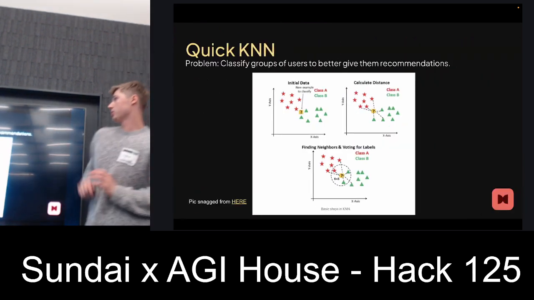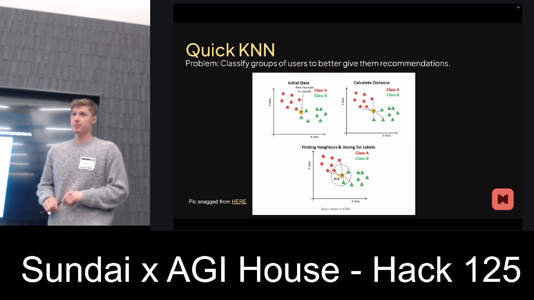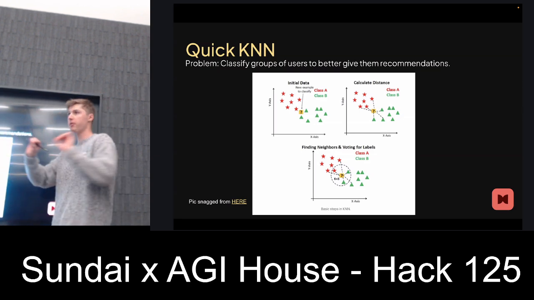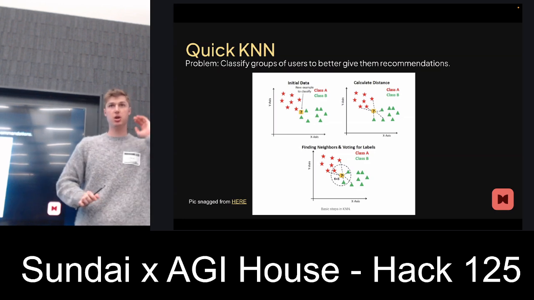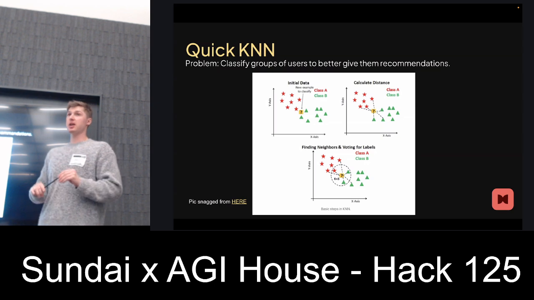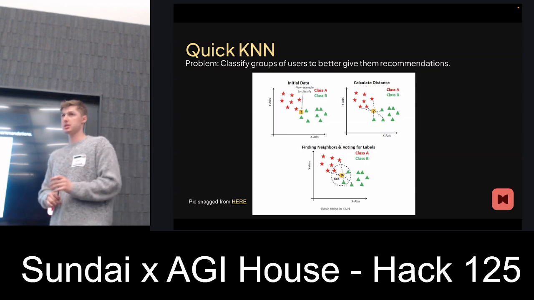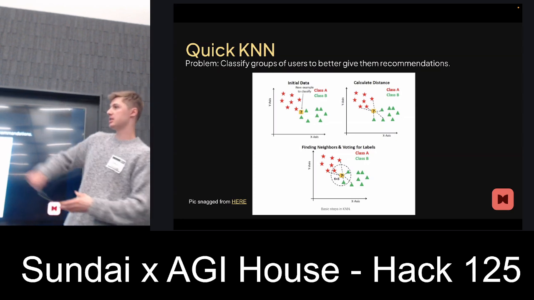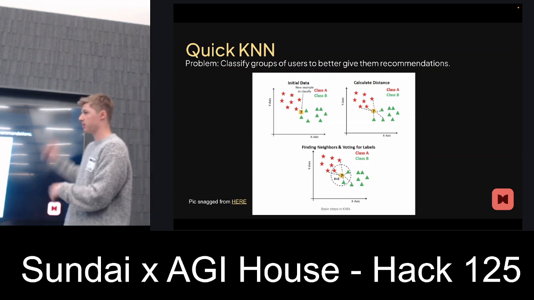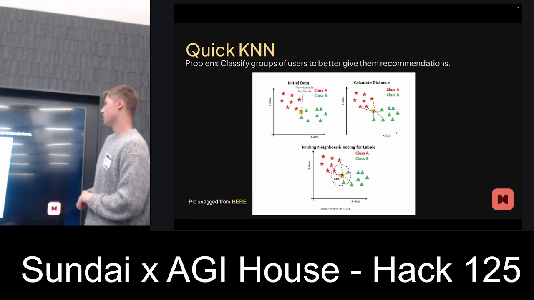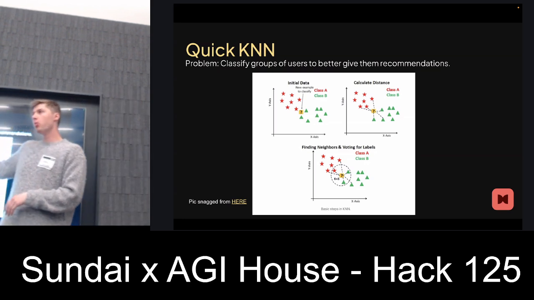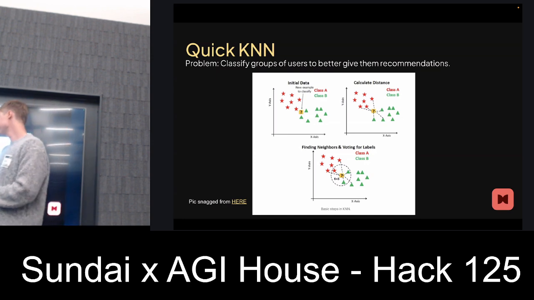Okay, a special learning algorithm that Netflix wants to use is KNN. So if you want to give a group of users recommendations based on other users in your database, you could classify these users into separate groups. You could say, okay, this is the group of the sporties, this is the group of the people that want to watch drama and romance, and then these are the group of the people that only want to watch action movies. If you want to find a new person and ask, okay, what group does this new customer belong to?